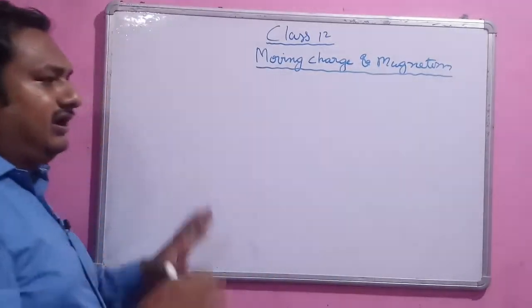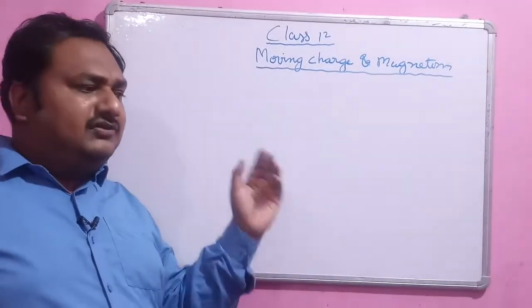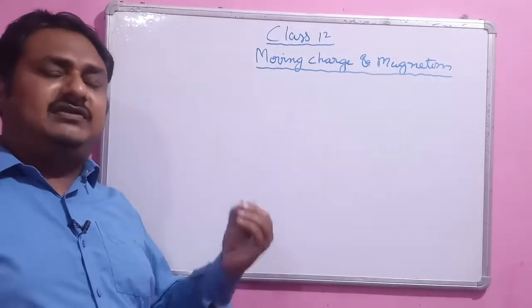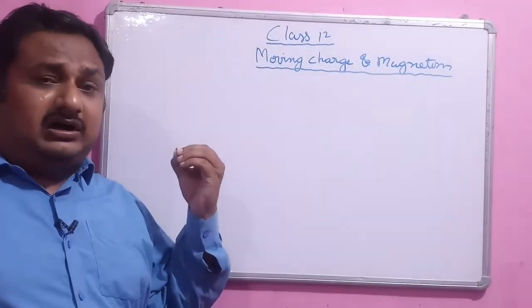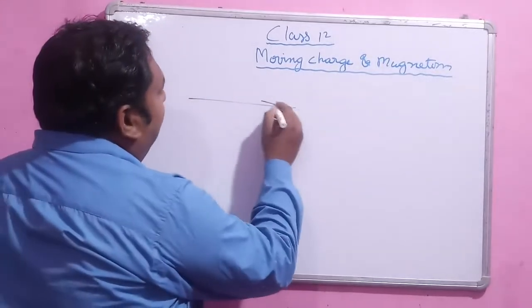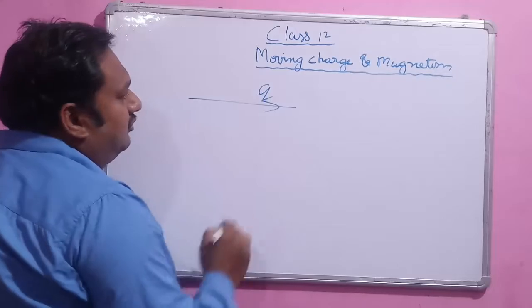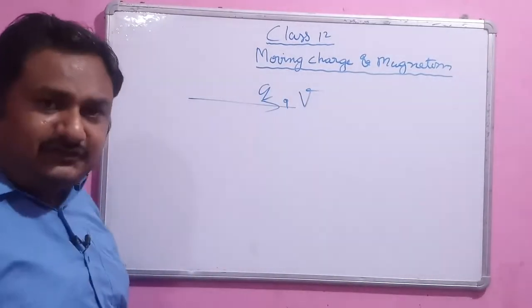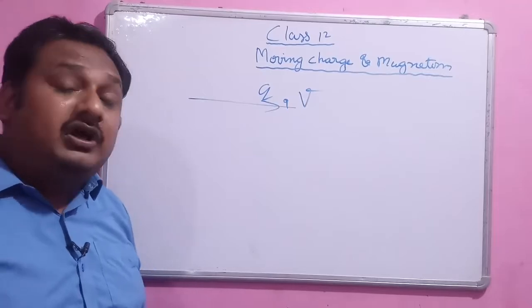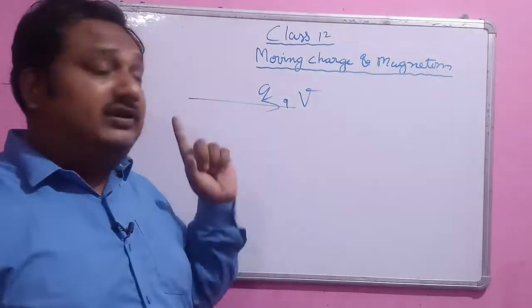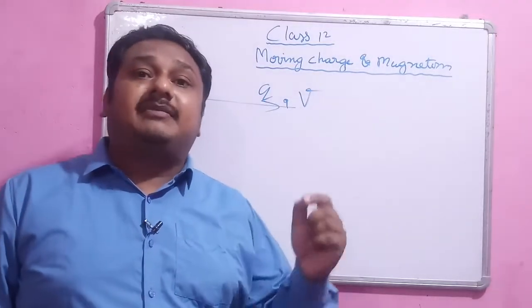Let's suppose in a space there exists a magnetic field as well as an electric field. In that space, a charge Q moves with a velocity v. It will experience both the force imparted by the electric field and the force imparted by the magnetic field.